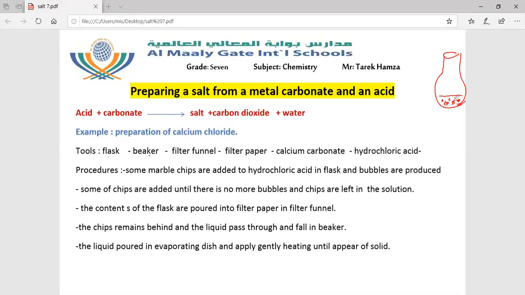This is a reaction between calcium carbonate and hydrochloric acid, and bubbles are produced in this reaction. Take the content, wait until there are no bubbles, and take the content into the filter funnel.